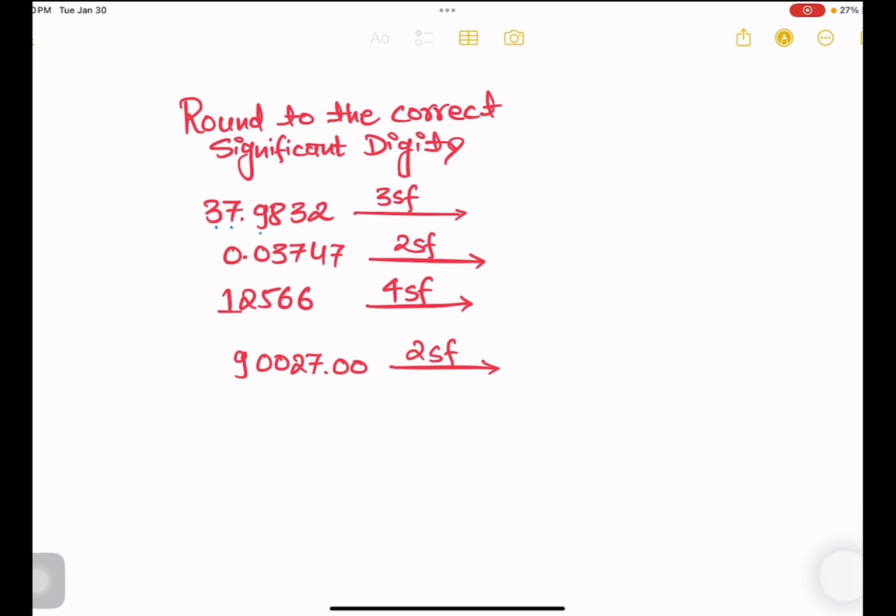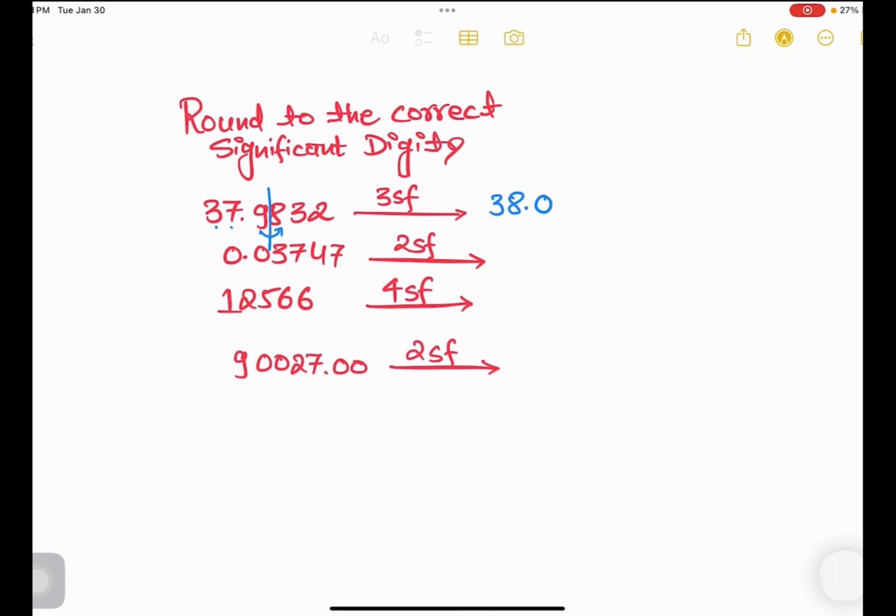Because I need only three sig figs, I can draw a line here and I will see the next number is 8, right? So I will add 0.1 to this digit. So when I do that, it is going to be 38.0. Remember, it needs three sig figs, so I'll have to put 0, and the 0 after the decimal point is significant. So it has three sig figs.